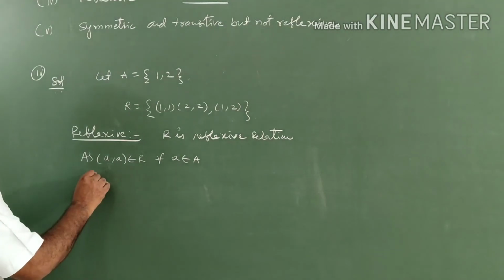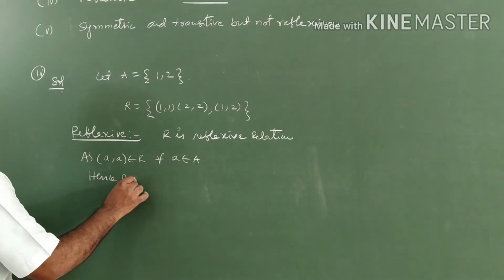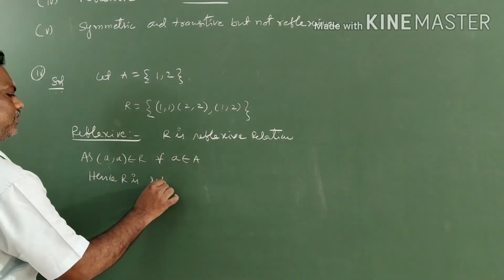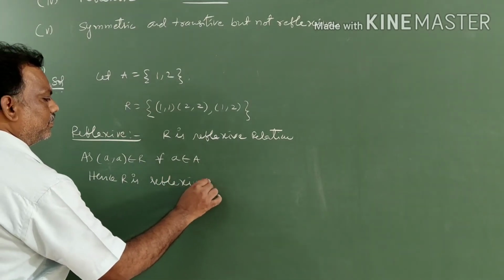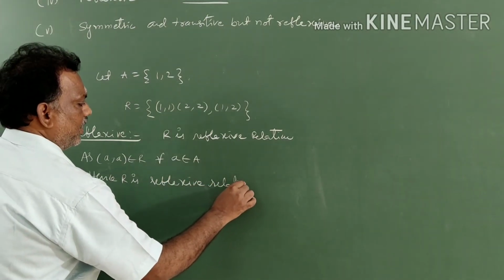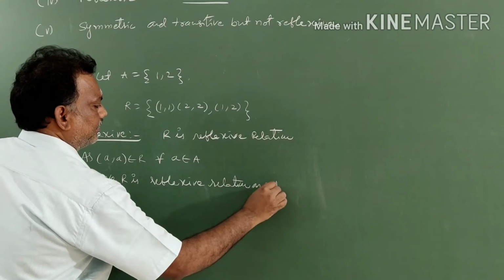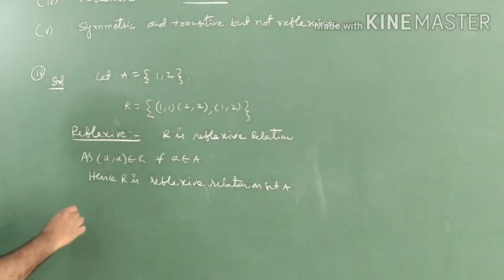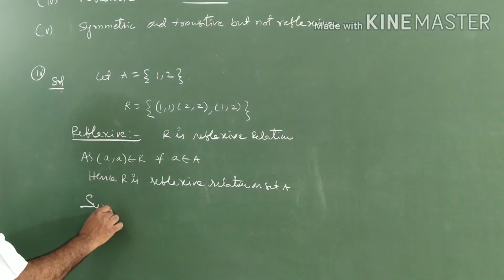Hence R is a reflexive relation on set A.